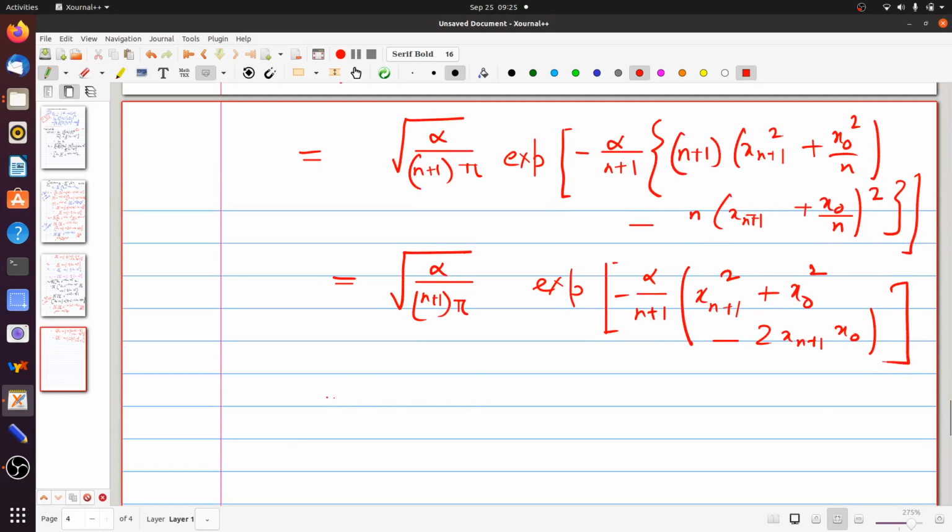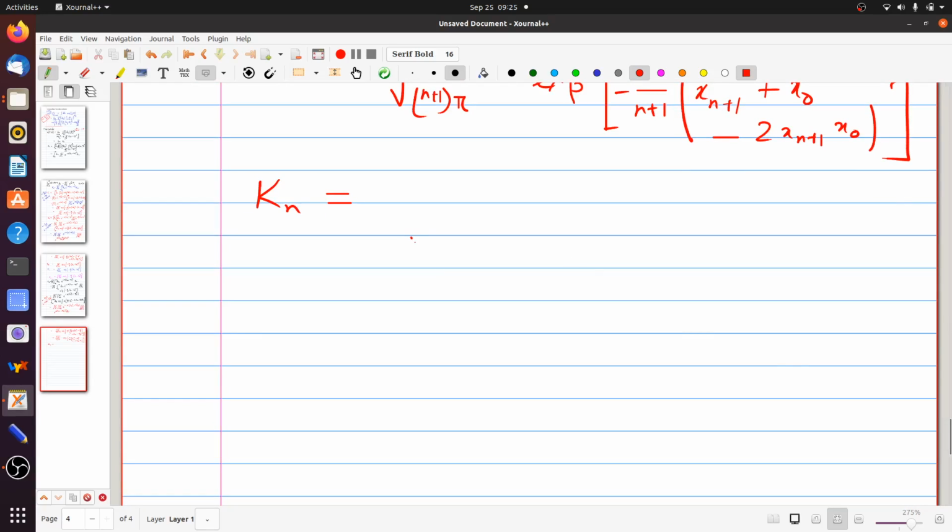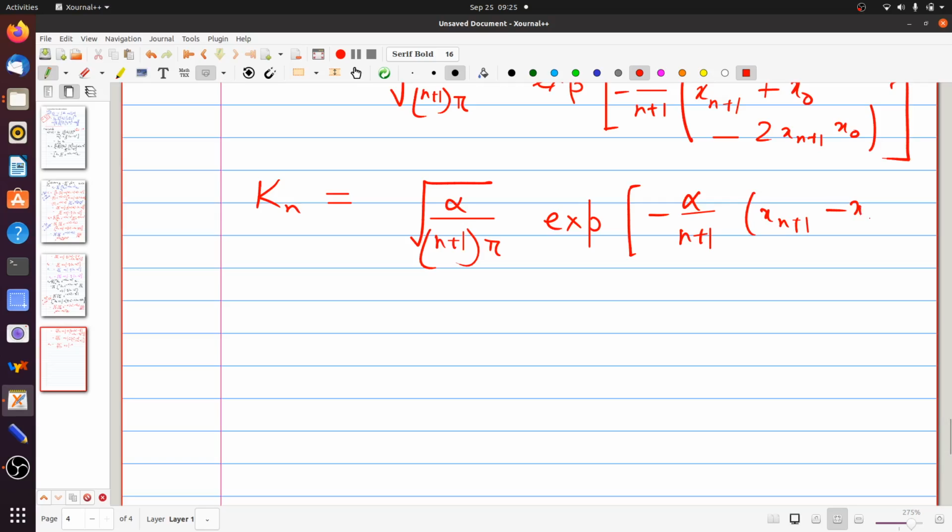So finally, we end up with this result that kn is root over alpha by n plus 1 pi e to the power minus alpha by n plus 1 xn plus 1 minus x0 whole square.